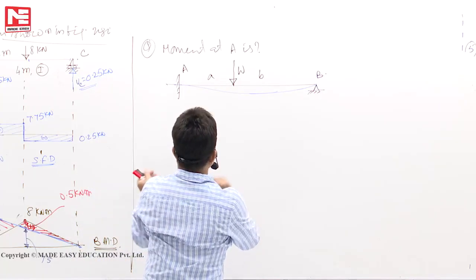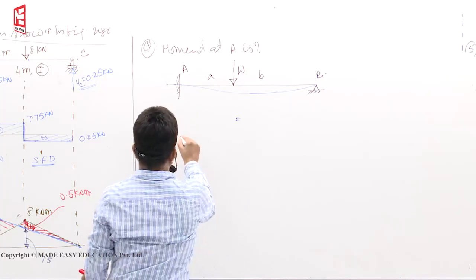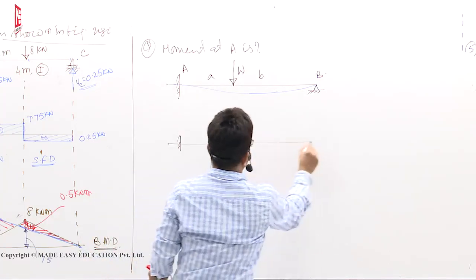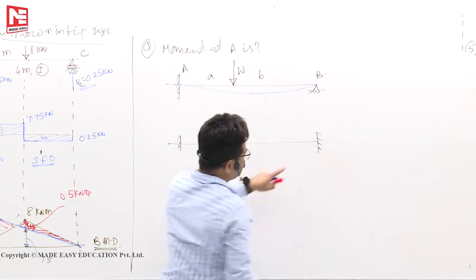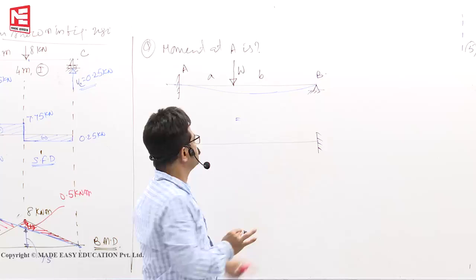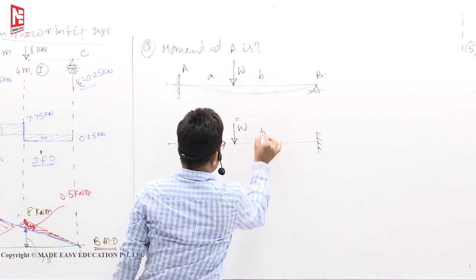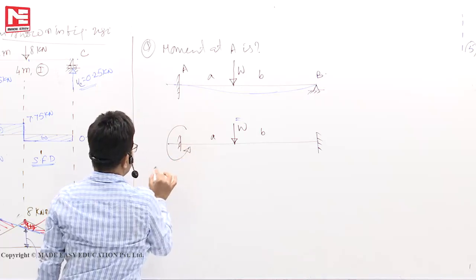So, what we do is, first we will fix it. This is symbolic representation of fixing the joint B. Why should we fix it? Because we know formula for that only. What is MA?